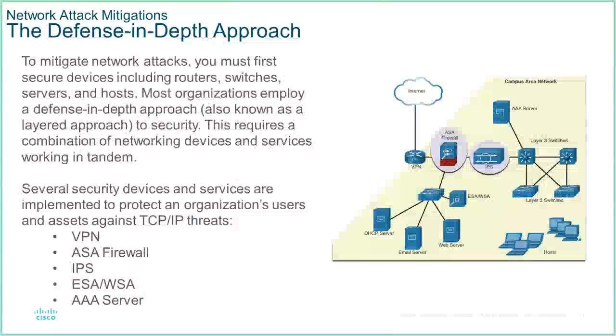So some of the things that we use in this layered approach of security are VPNs and ASA firewalls. Now, an ASA firewall is an adaptive security appliance, which means they can do more than just a standard firewall. They can terminate VPNs. They can do all sorts of different things within the firewall structure.